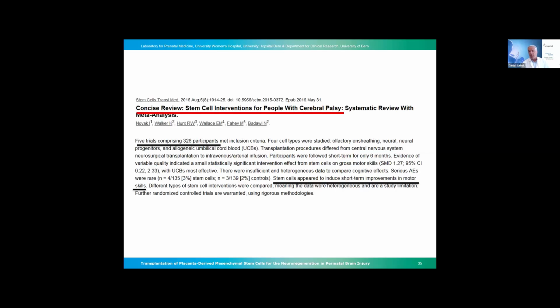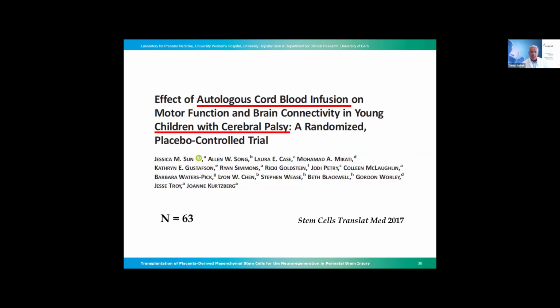There have been many more trials. I maybe pick out for you some, and I think that's a very strong research group at Duke University and Durham in North Carolina, with Joanne Kurtzberg in the lead. She's known for stem cell transplantation, not only for hematopoietic diseases, but also for metabolic disorders such as Hurler syndrome in children.